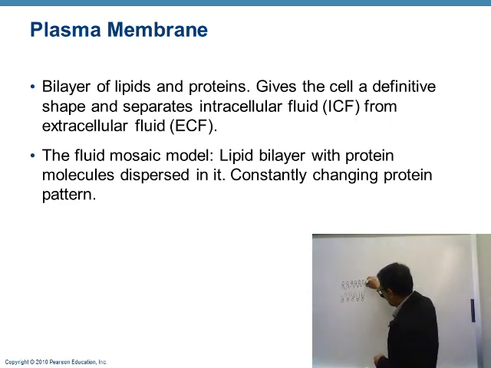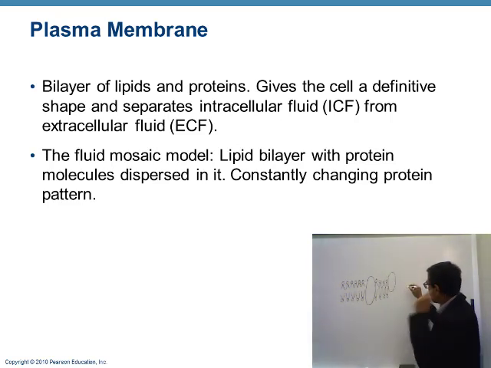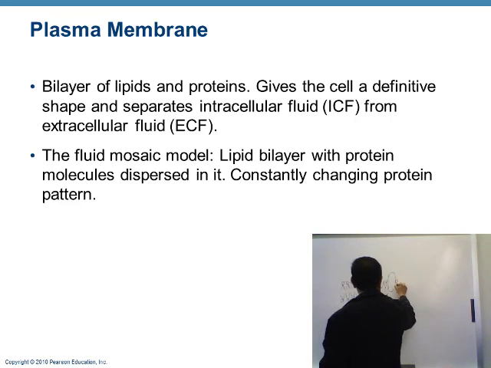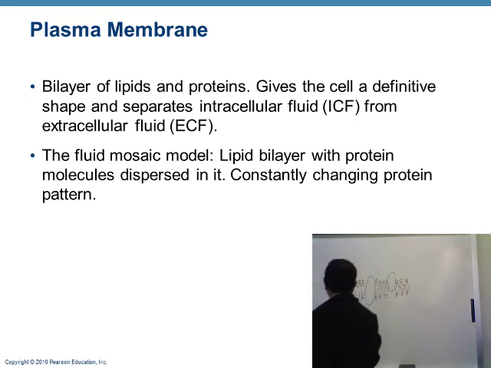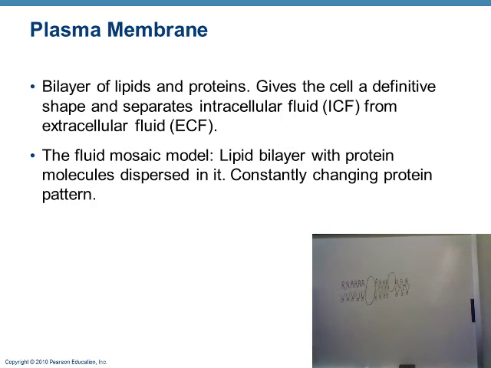So this is a protein, phospholipid bilayer. This is another protein. So now you see that this is the cell membrane, the structure of a cell membrane under a very powerful microscope, electron microscope.